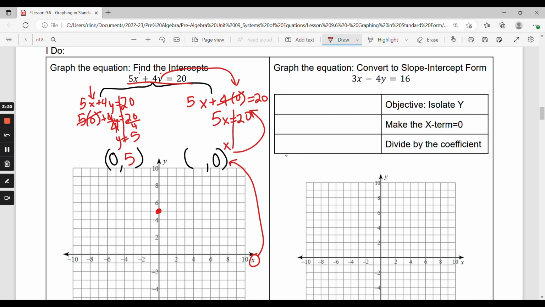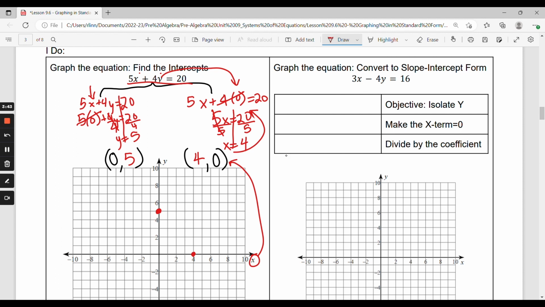We need to isolate x, and to do that we're going to have to divide by 5. The opposite of multiplying by 5 is to divide by 5, so we'll divide both sides by 5, and we get 20 divided by 5, which is 4. So my x value is 4, and my ordered pair here is (4, 0). I'll go over to 4, up 0. So now I have two points.